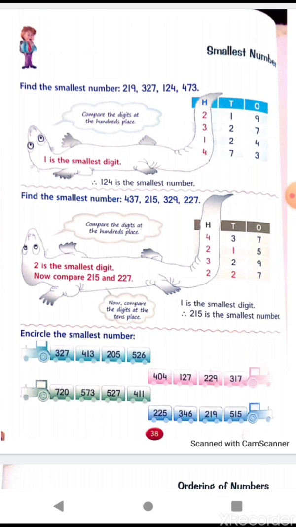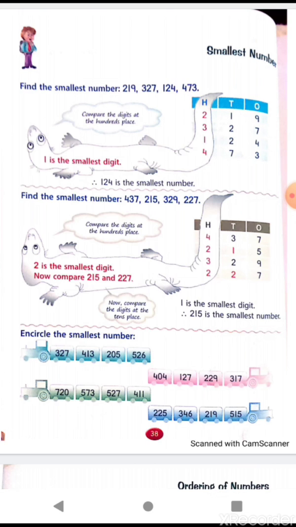So when we have to find out the greatest number, we see the digits at hundreds place, and the number with greatest digit at hundreds place is the greatest number. Similarly, when we have to find out the smallest number, we compare the digit at hundreds place, and the number having the smallest digit would be the smallest.